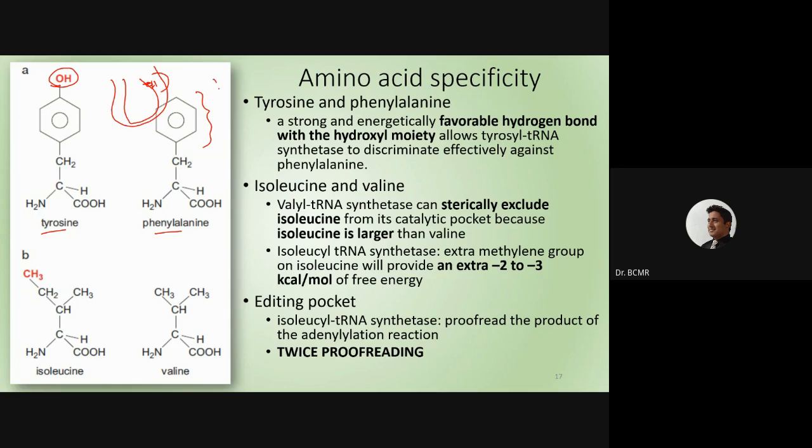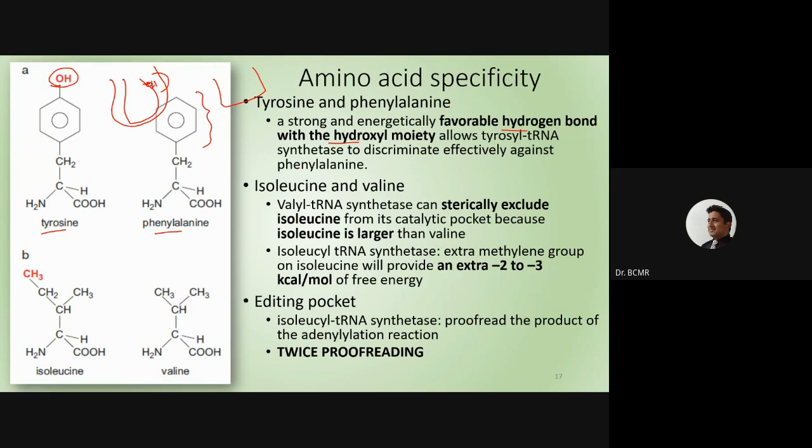Based on that, the active site can determine, based on the interactions between the active site of the tRNA synthetase and the side groups of the amino acids, whether the proper interaction is happening or not. If you're talking about tyrosine tRNA synthetase, then it will be able to make favorable hydrogen bonds because of the hydroxyl group on the tyrosine.